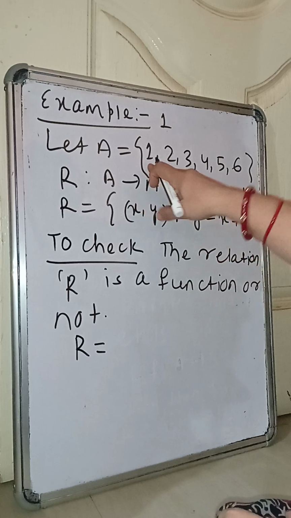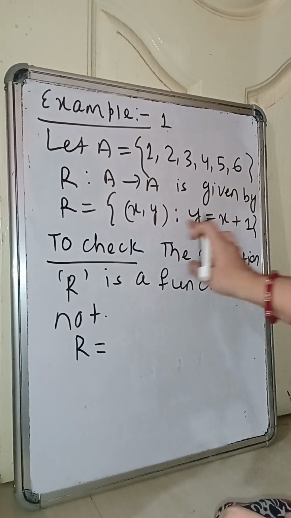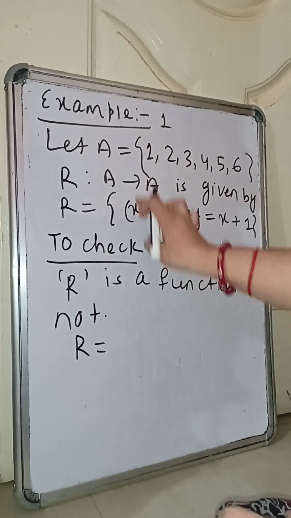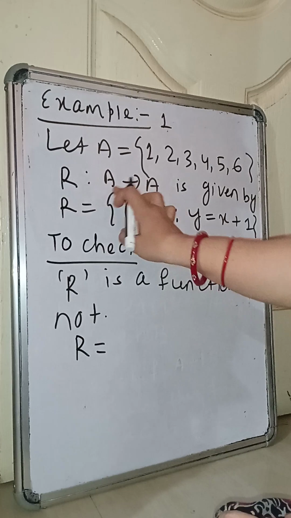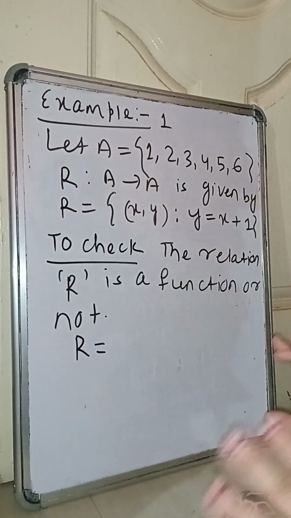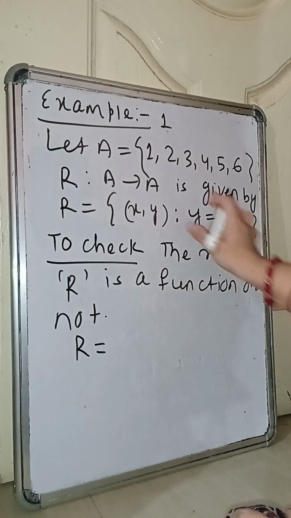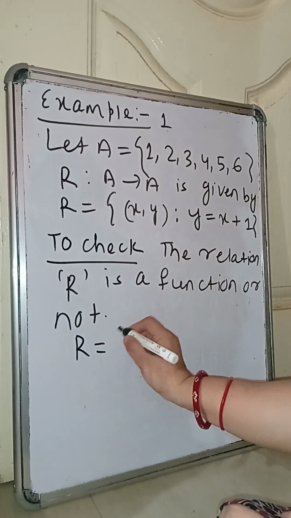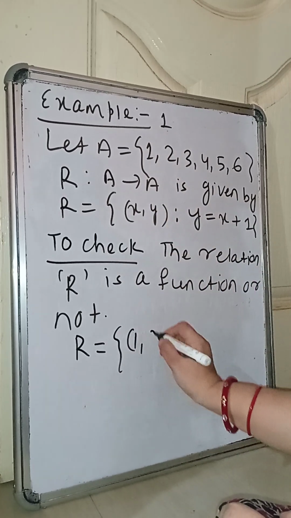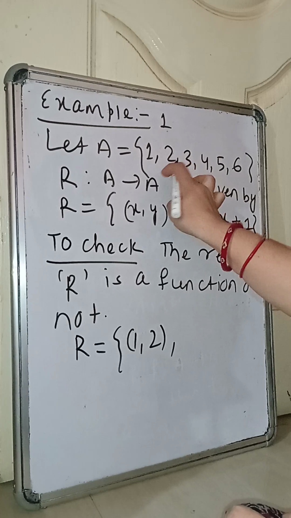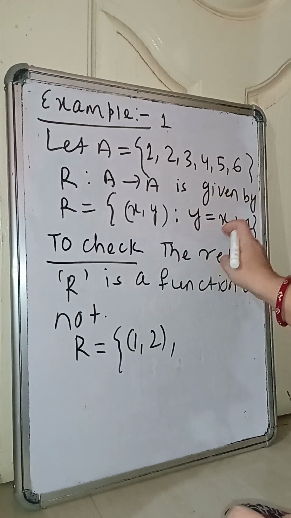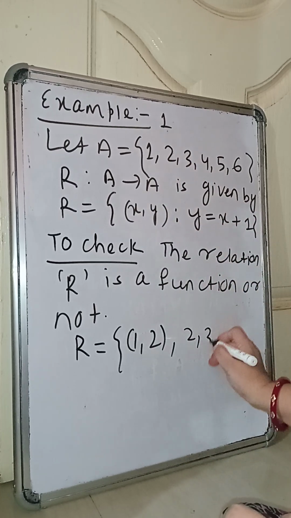When x comes from the first set, here first set and second set mean domain and codomain. So when x equal to 1, what is y? x plus 1, that is 2. So R is the collection of ordered pairs (1, 2). When x equal to 2, y equal to x plus 1, so it is (2, 3).